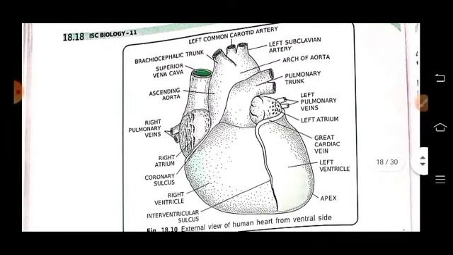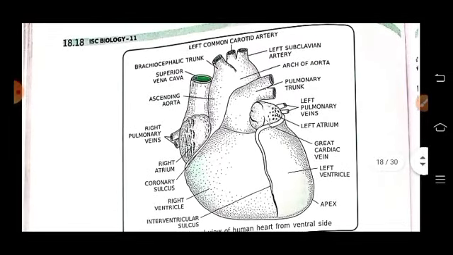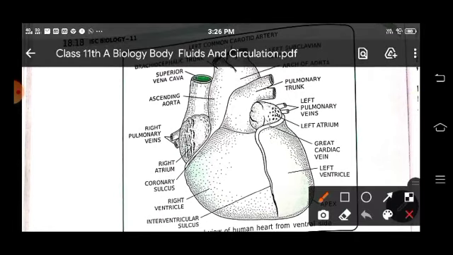See here, children, this is the external view of the human heart. Superior vena cava, pulmonary trunk, ascending aorta, left pulmonary veins, left atrium, right ventricle, left ventricle. This is a septum which divides the left and the right ventricle.